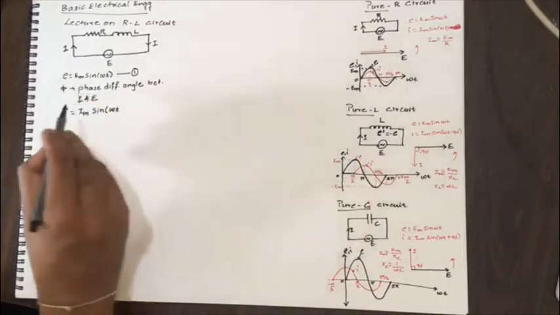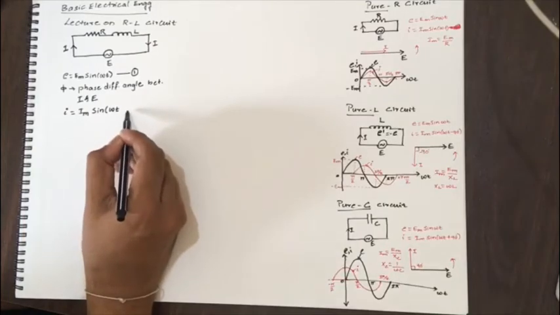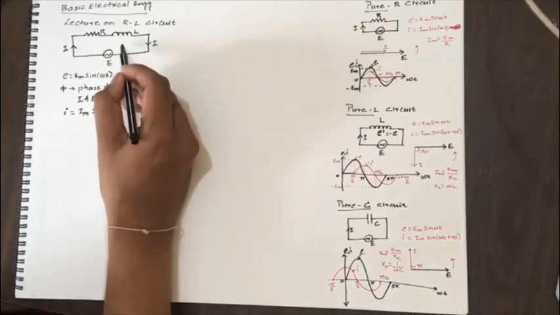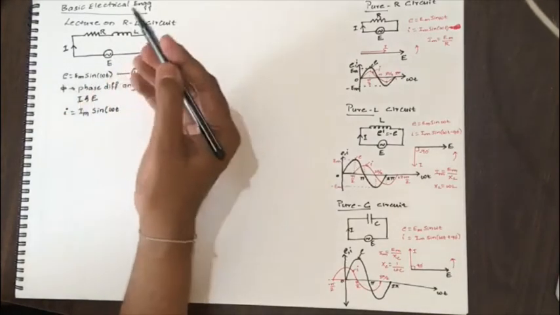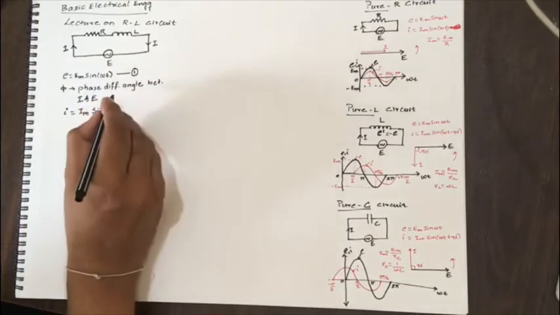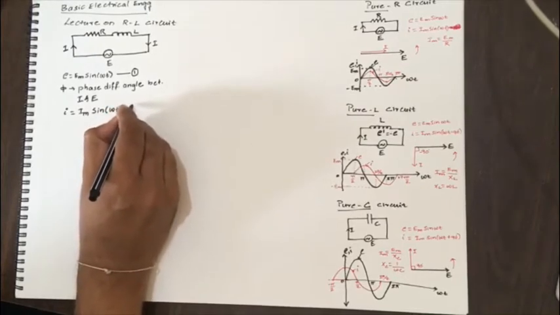Now, whether this phi should be taken omega t minus phi or plus phi, that depends on the nature of the circuit. Now, nature of circuit is inductive. Therefore, this phi angle will be a lagging angle with respect to E. Therefore, I will be writing I equal to Im sine omega t minus phi.